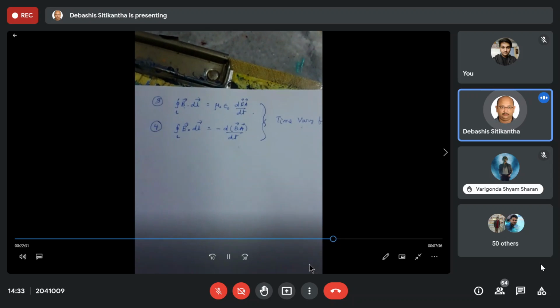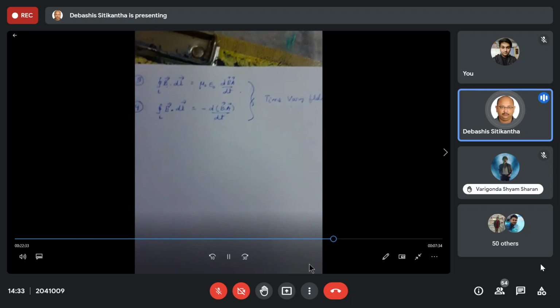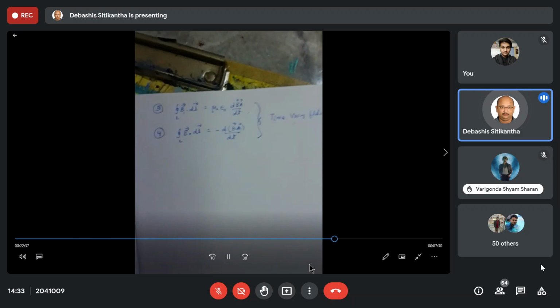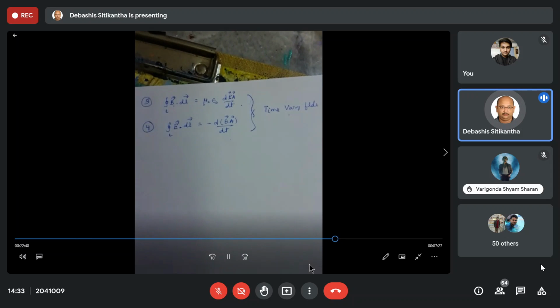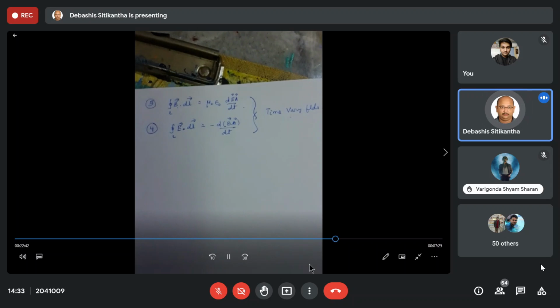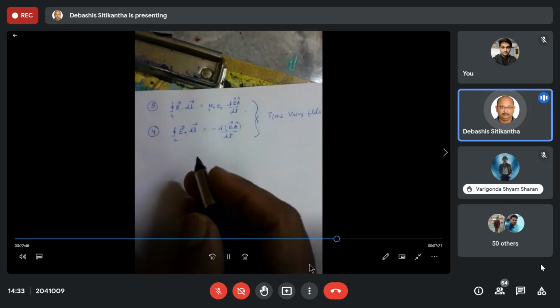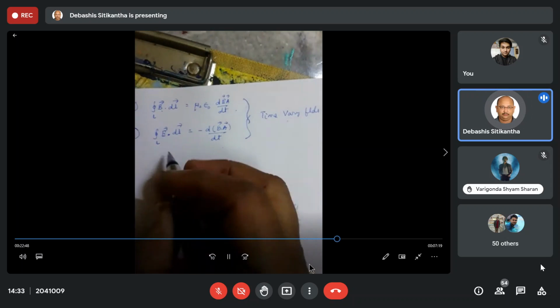These two things are the basis of electromagnetic waves. In other words, when electric and magnetic fields are static, that is, they do not vary with respect to time, the E vector and B vector are independent of each other.